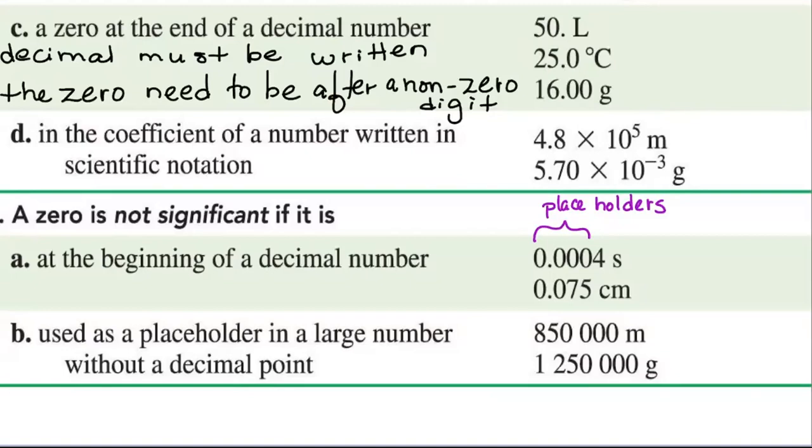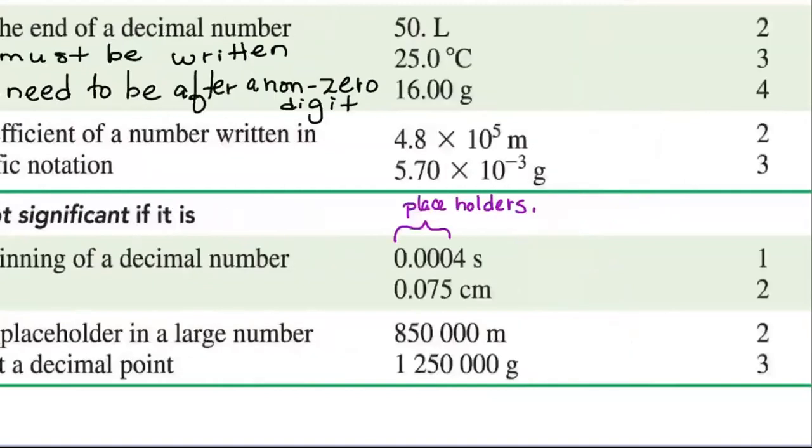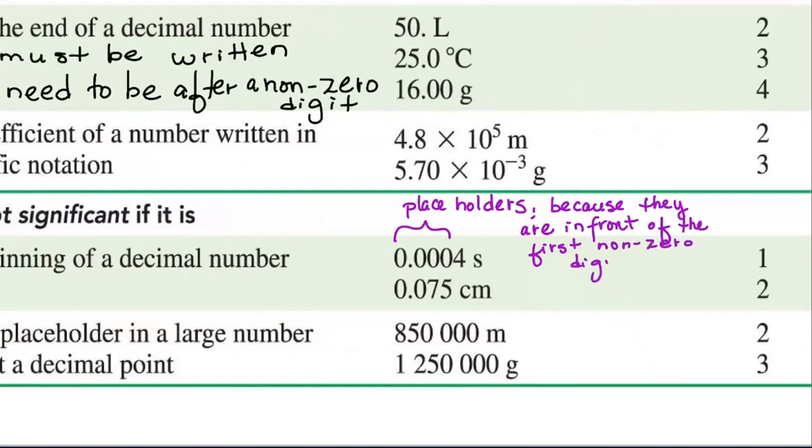They're placeholders because they are in front of the first non-zero digit. So they are just telling me that's a small number.